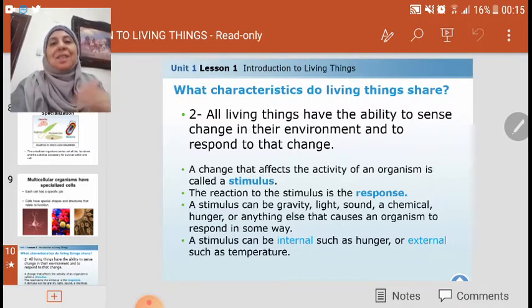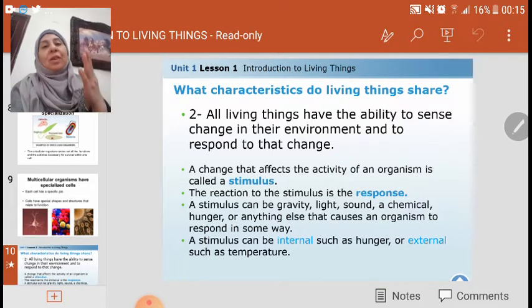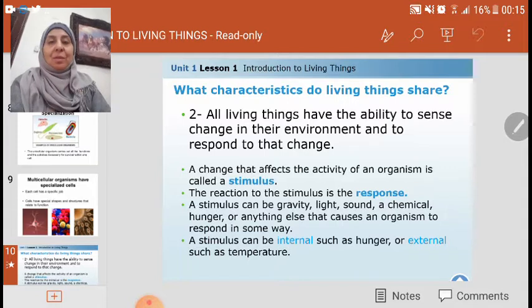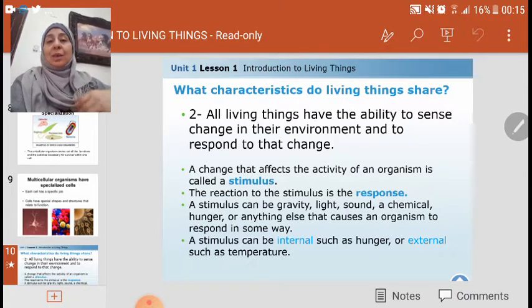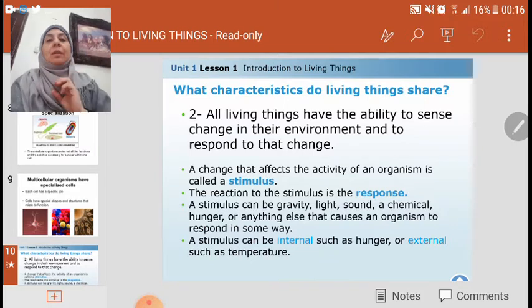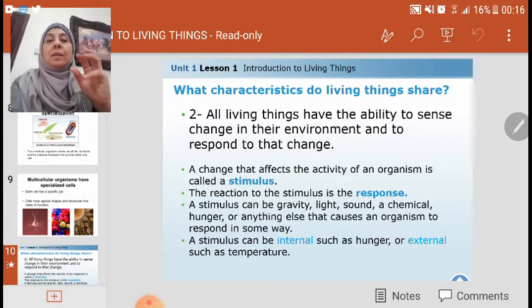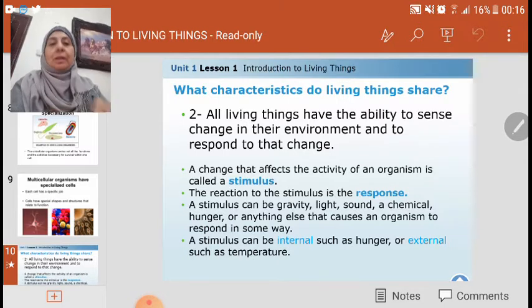It means they are affected, such as when it becomes hot. What do you feel? In hot weather, your body will start sweating. So this hot weather was the change that causes a reaction in your body.